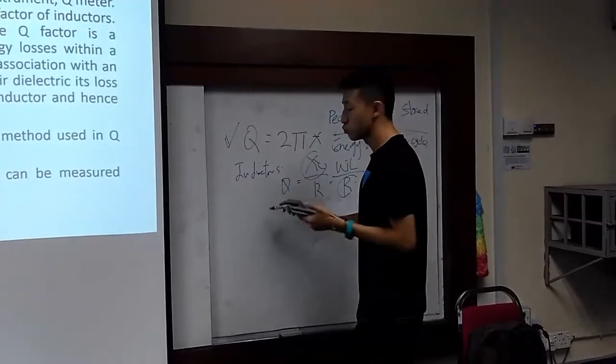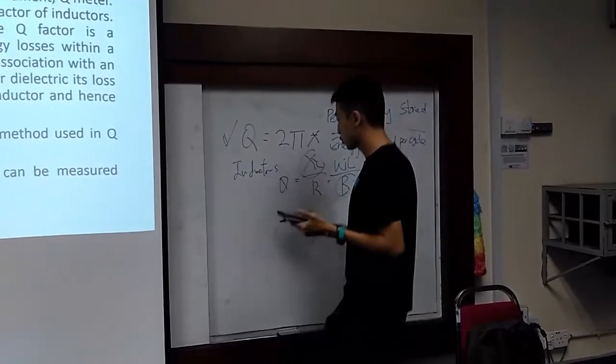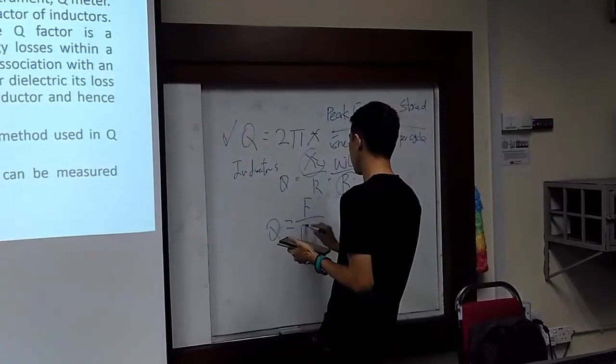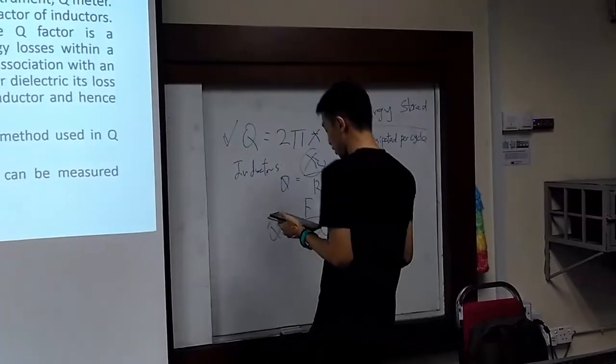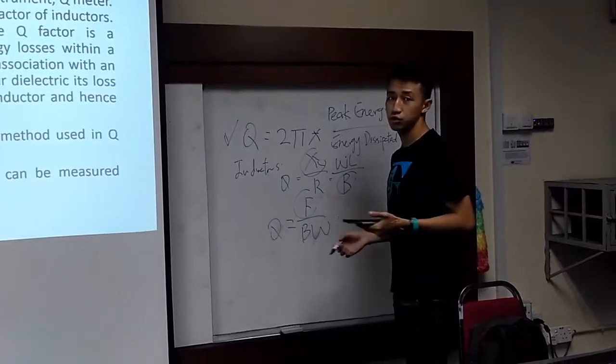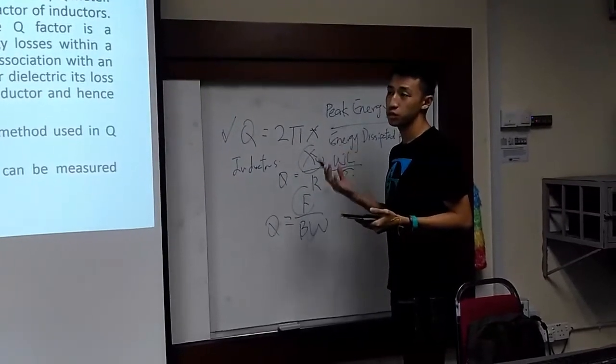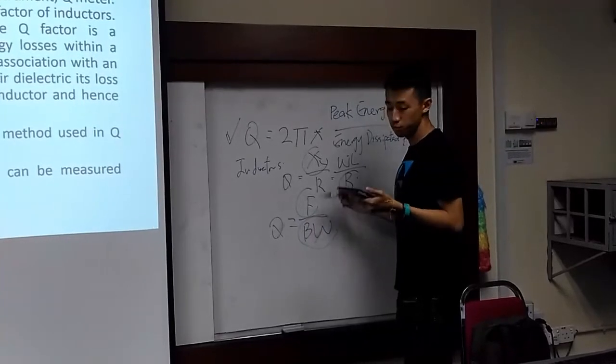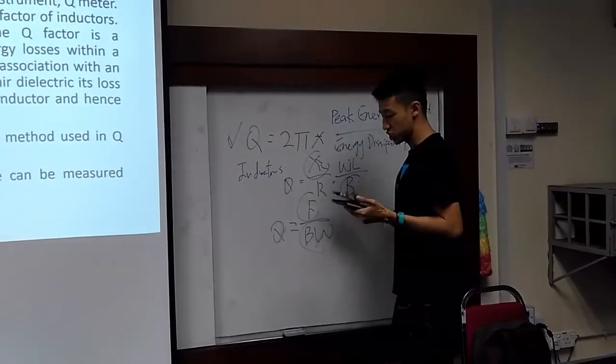After that, the Q meter works under a principle which is Q equals F over BW. F in this case is the resonant frequency because we compute the Q factor in the resonant circuit, and BW is the bandwidth of the filter.